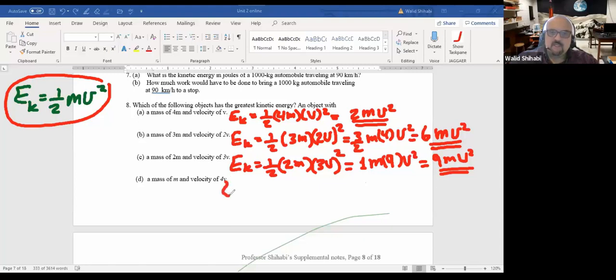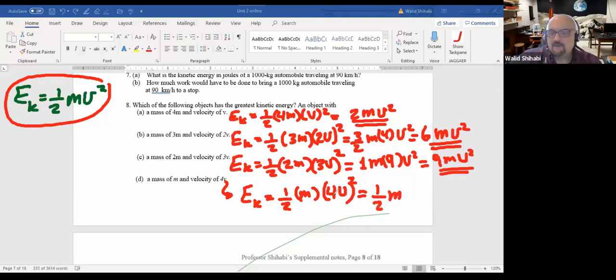Now let's look at option D here. The same thing, 1/2. Now the mass here is just m, and the velocity is 4v. So we have to use 4v all squared. We have 1/2 times m.